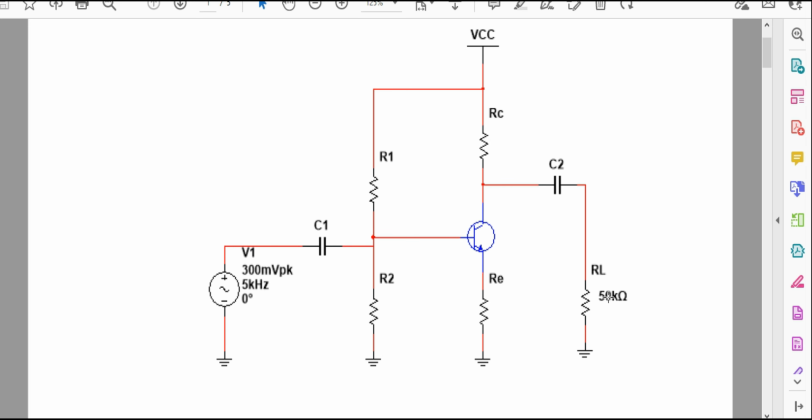The other thing is that we have a load resistance of 50 kilo ohm, and we need to find all the biasing resistances of the circuit.